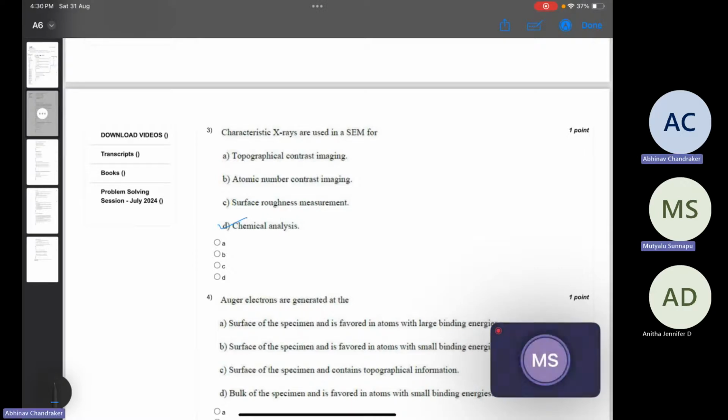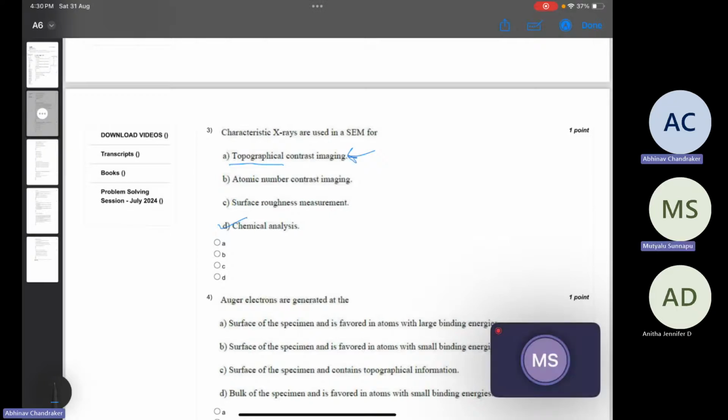A is topographic information, topographic imaging. What this means is that this gives you surface related information, an image of the surface. And this you get not from X-rays, but from the secondary electrons which are emitted close to the specimen surface.